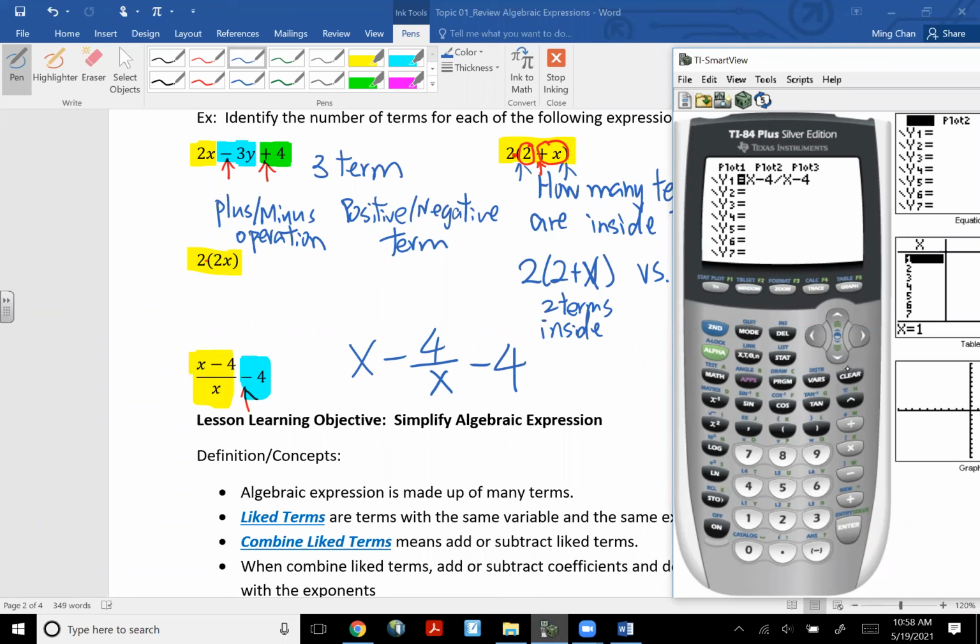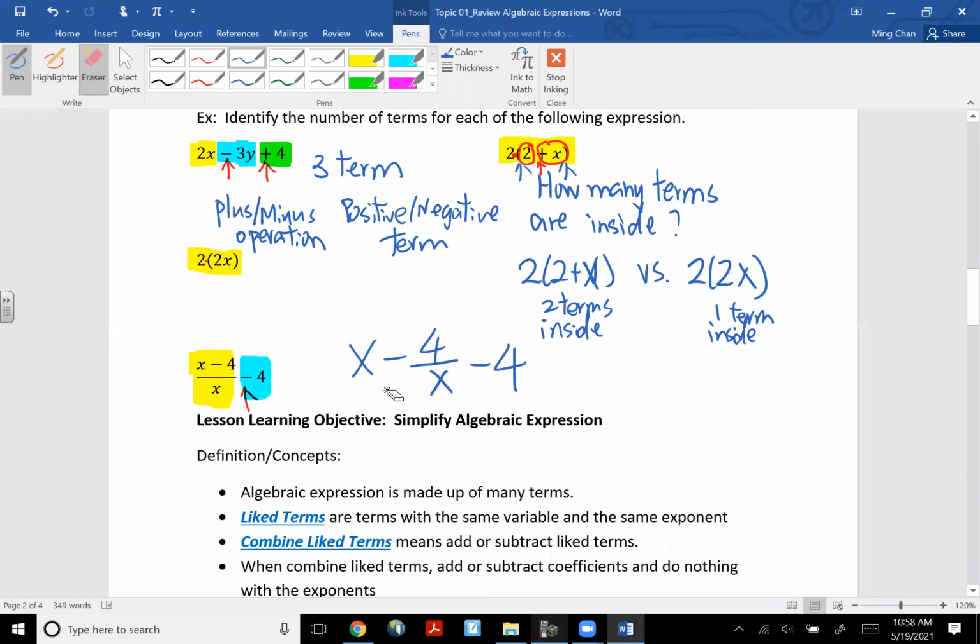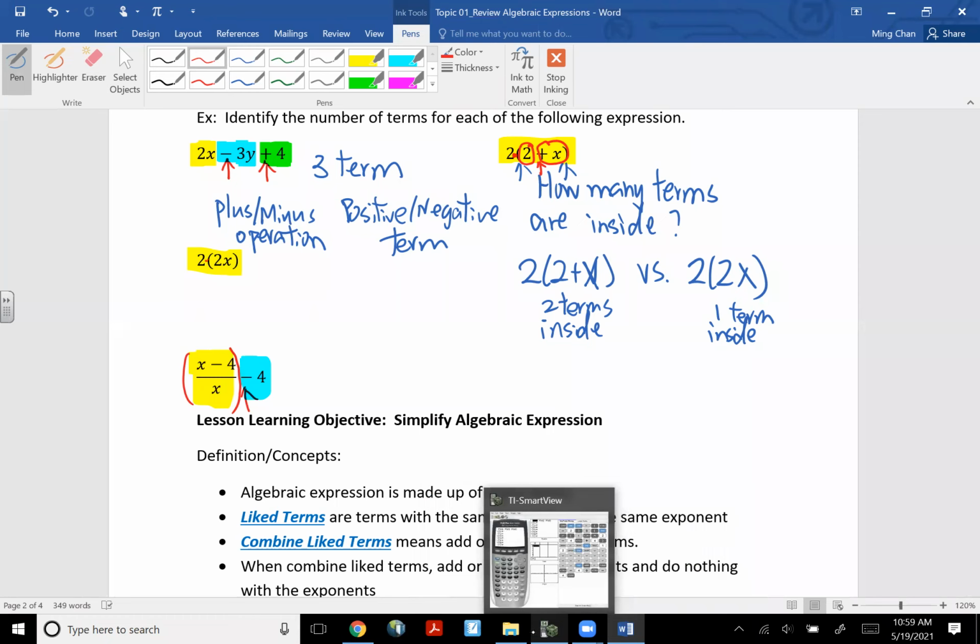So let's take a look. Your first term is a fraction term. Normally, when you have two terms and one of them is a fraction term, it's always safe to put that first term in parentheses when you key it into the calculator, because your numerator has two terms.